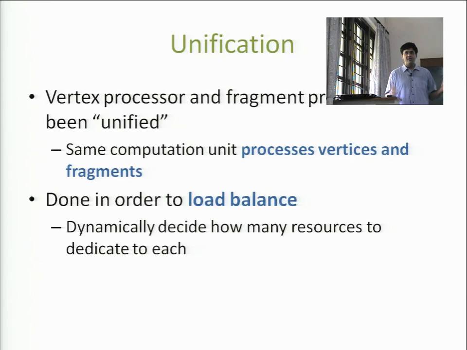So what they decided to do was stick all of them together, like I showed on the previous slide. This was called unification of the pipelines, and this is done in order to load balance. If any of these processors can either do vertex processing or fragment processing, then regardless of whether you have more vertices or more fragments, you can just spread them evenly across all the processors that you have. It's a small detail that I thought is interesting.